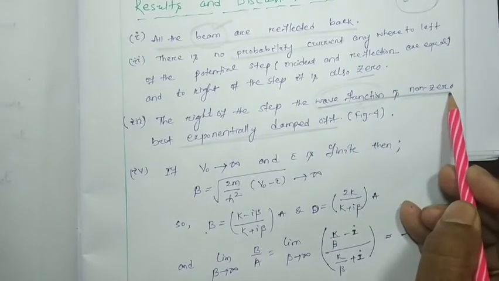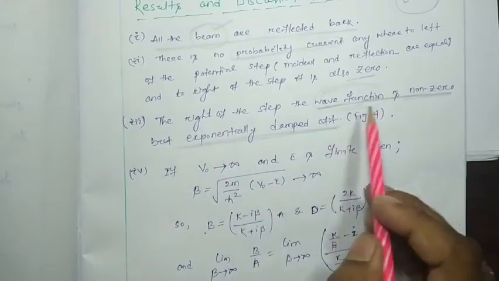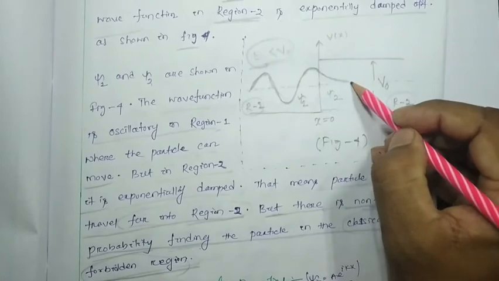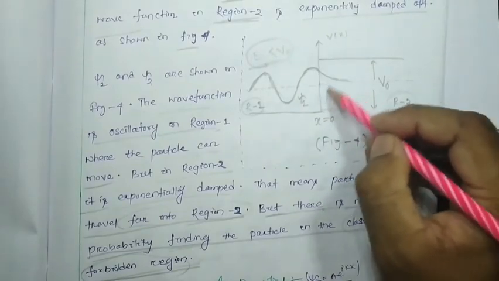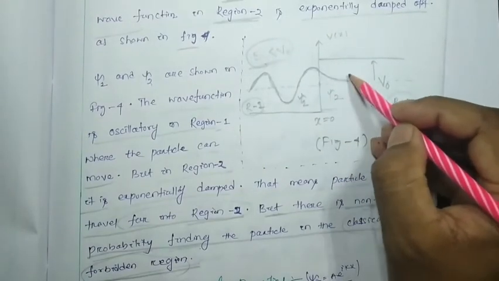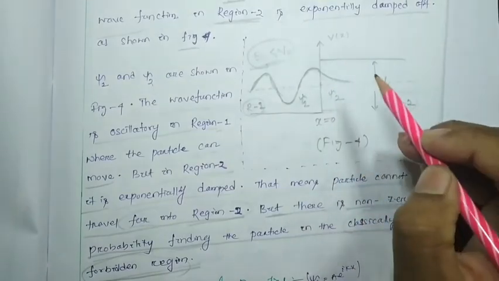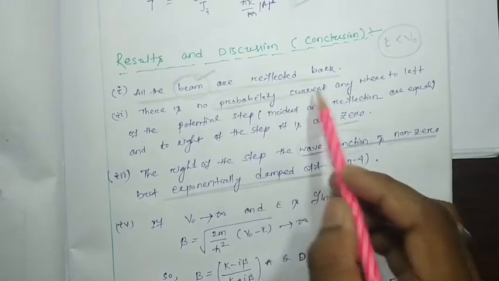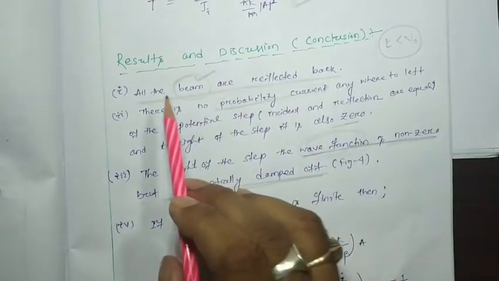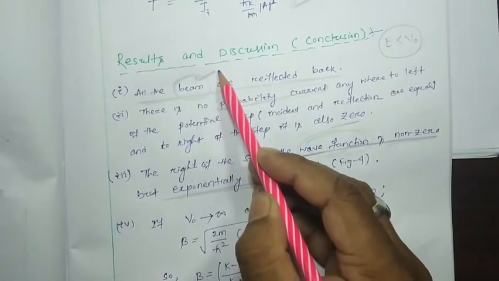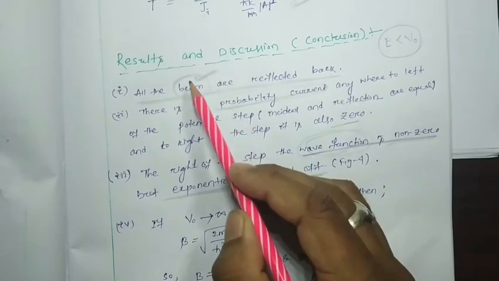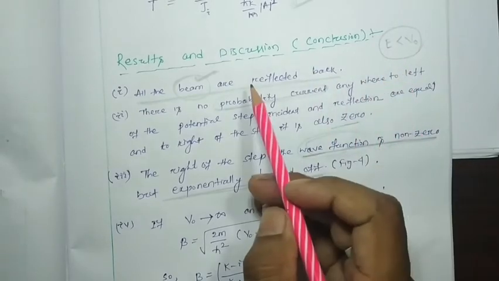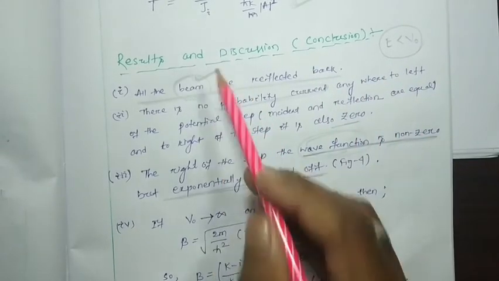The wave function is non-zero but exponentially damped. Damped means it decreases. Suddenly it decreases in this region. But there is no current, there is no oscillatory part in region 2. So only for that we can say the probability current in region 2 is 0, and whatever oscillatory beam, flux, or oscillatory part was incident on the step, all is reflected. We can say like this.